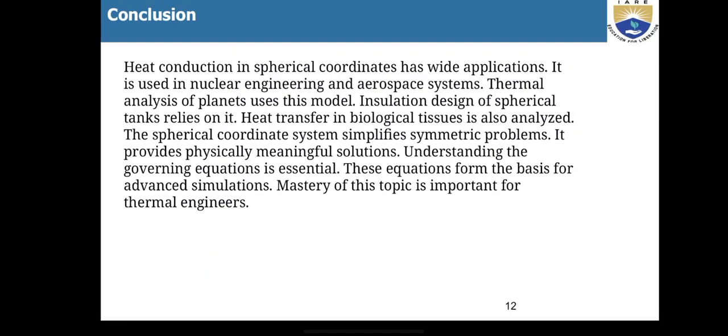The spherical coordinate system simplifies symmetric problems. It provides physically meaningful solutions. Understanding the governing equation is essential. This equation forms the basis for advanced simulation. Mastering this topic is important for thermal engineering.